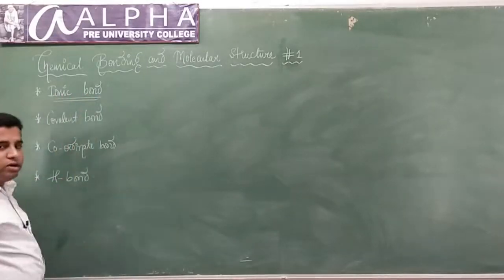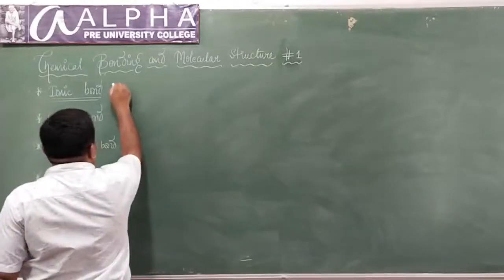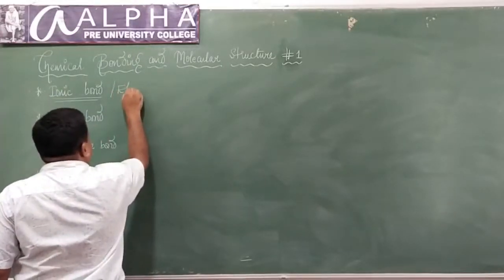Students, how about an ionic bond? What is an ionic bond? The ionic bond is also called the electrovalent bond.